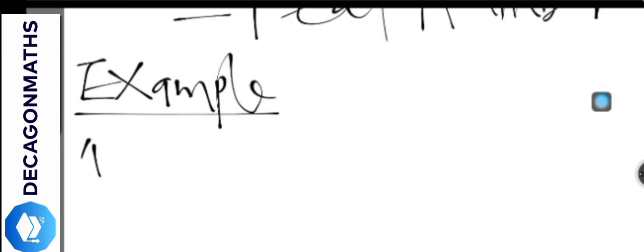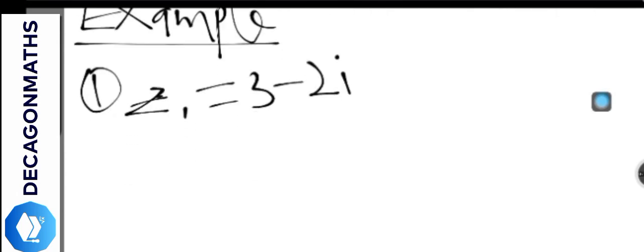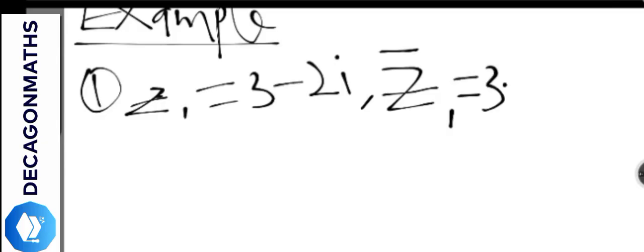So the first one that we have here, we have z1 is equal to 3 minus 2i. Alright, so according to what we have said, what changes here to find the conjugate is just this minus, and it changes to plus. So let's name the conjugate as z1 bar, which will be 3 plus 2i.